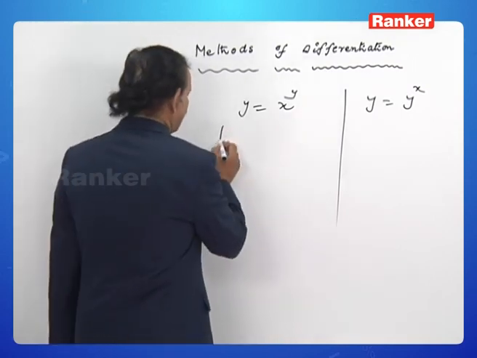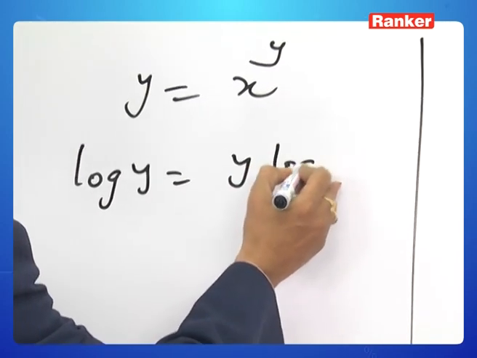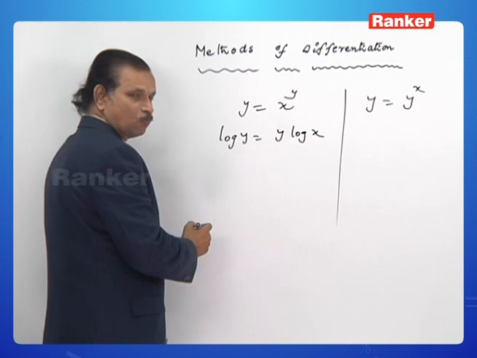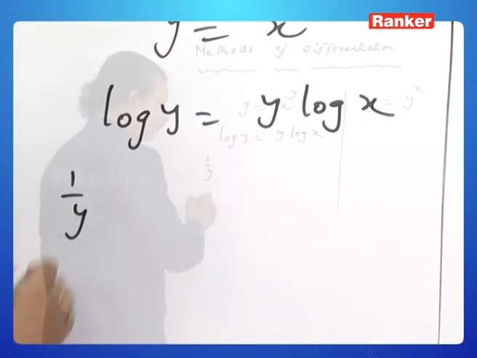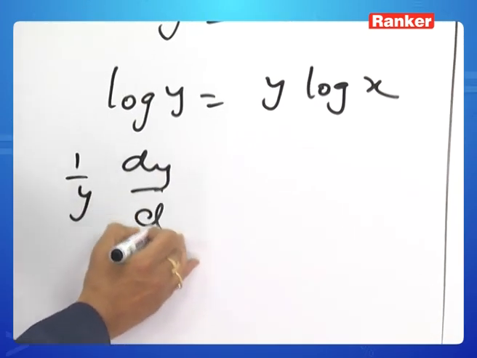That is, log y is equal to y log x. Differentiate with respect to x on both sides. For log y it is 1 by y, for y it is dy by dx.